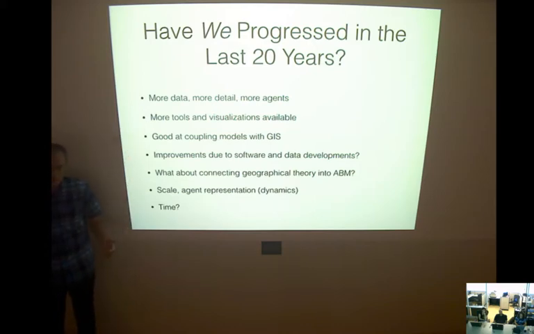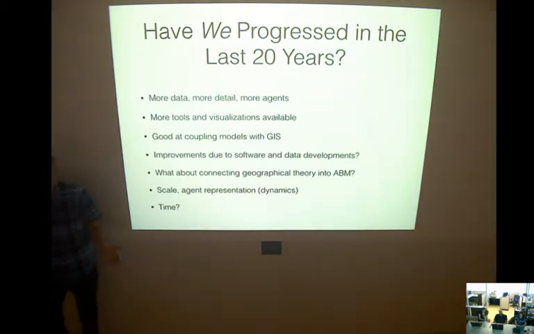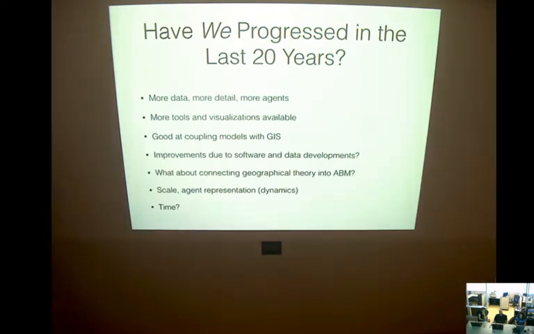Traditionally, the first models were written in whatever language the programmer wanted to use. Then C++, Swarm, Java, Smalltalk, NetLogo. You have this new one, Gama, and things like that. So you have a lot more tools available for building them.